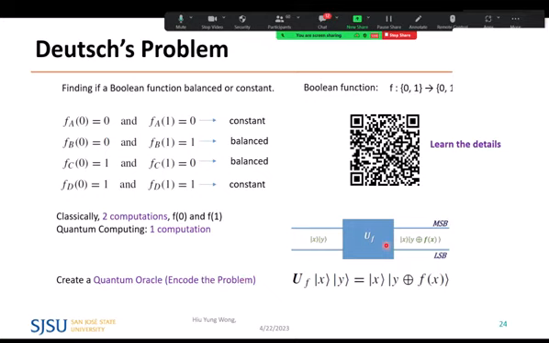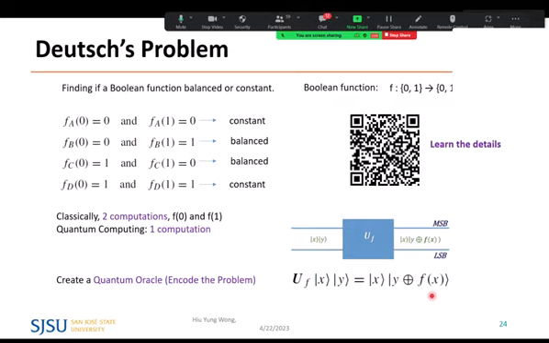But it still just tells me, when I have input x, y, which can be 0 and 1, what the output will be. You see the output is that x is going to stay constant, just like a controlled NOT gate. But the output, the second qubit, the target qubit, will become y exclusive-OR f of x.